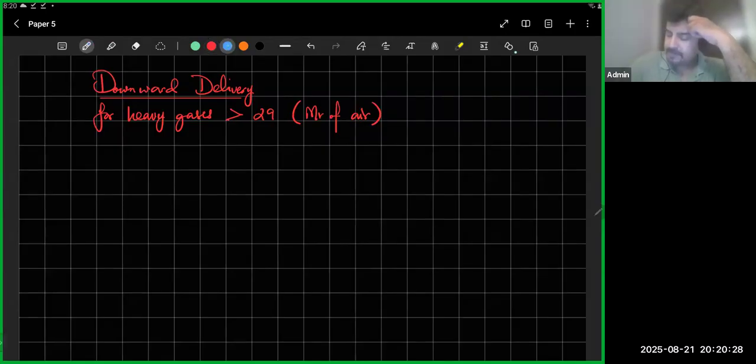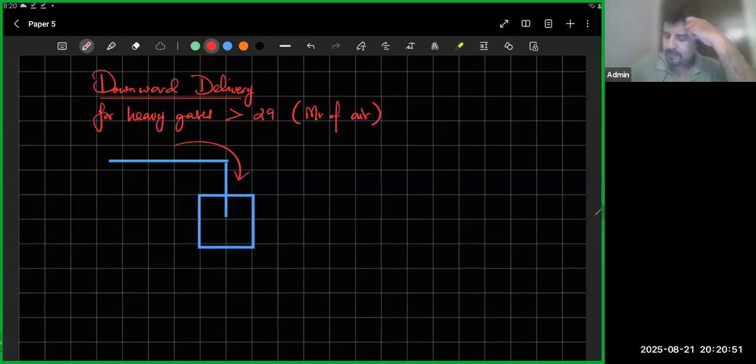So downward delivery is pretty simple. So let's say this is your delivery tube, and here's my beaker, and the gas would come in.